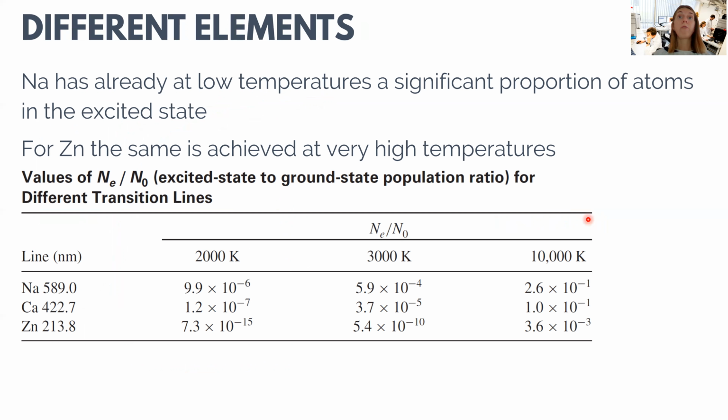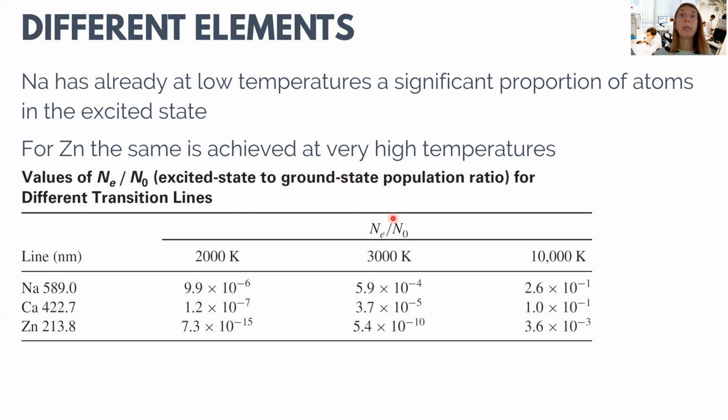Of course, this effect is slightly different for different elements. Some elements are very easy to bring to the excited state, and to this group belong elements that are to the left of the periodic table. So alkali metals such as sodium, potassium belong to this group. And here we also have a comparison of the excited to ground state population ratio for different elements.